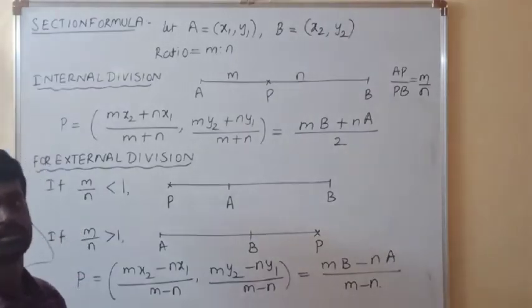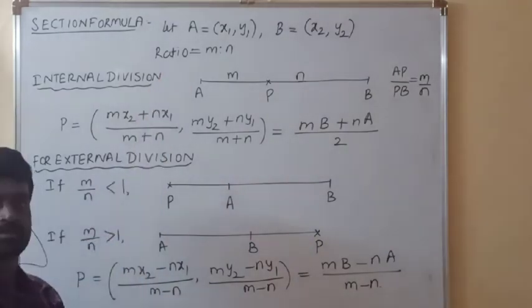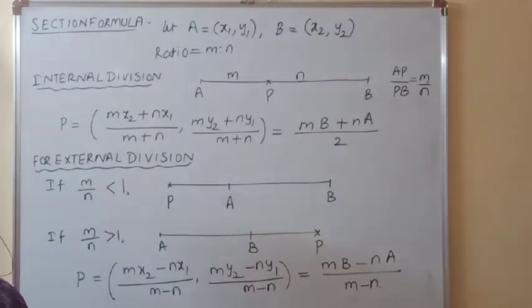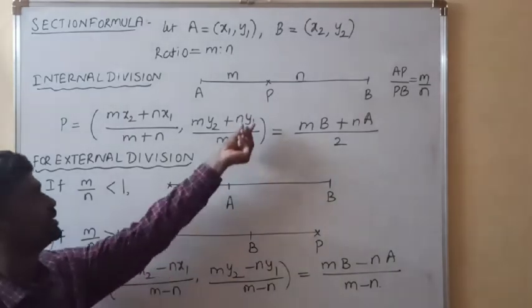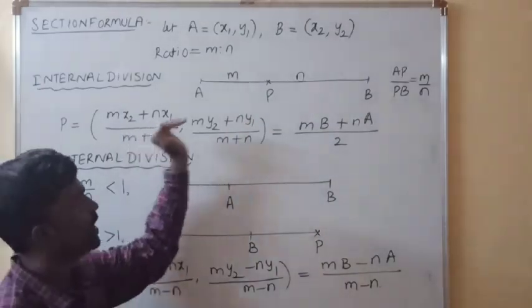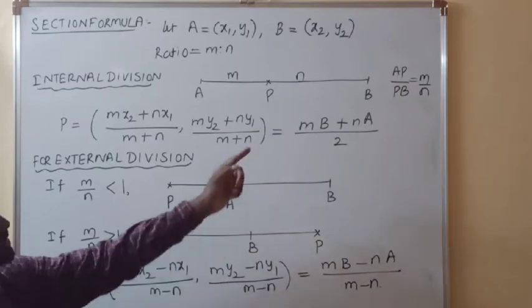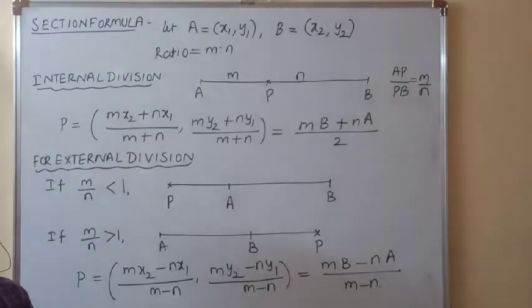So next, look at the section formula. Given points are A(x1, y1) and B(x2, y2) and the ratio is m is to n. For internal division, P is a point which divides the segment AB in the ratio m is to n internally, that is AP by PB equals m by n.